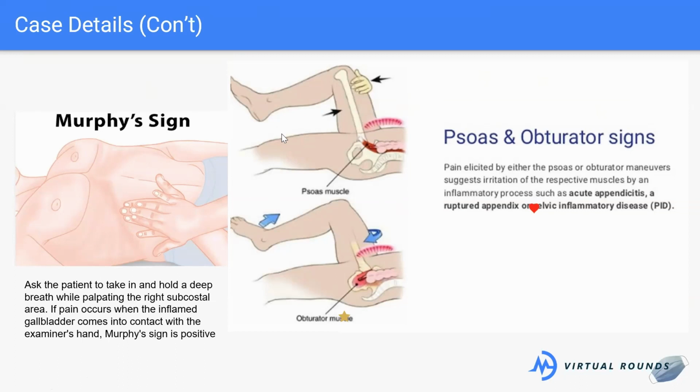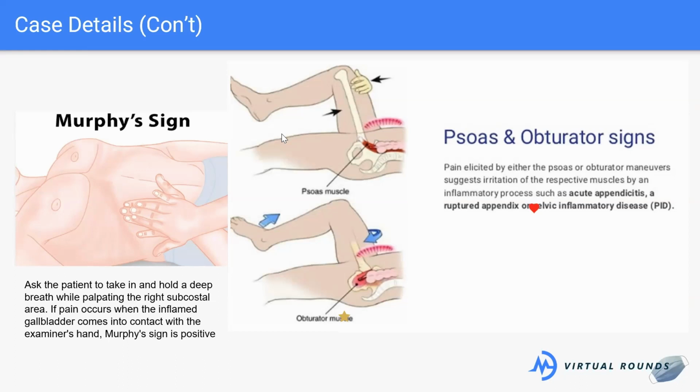Is McBurney's point different than obturator sign? Yeah, great. So McBurney's point is different than obturator sign, but it is still a test that you would like to do that can clue you into whether or not you have appendicitis. So that's a point of the right lower quadrant where the tenderness will be really maximal when you have something like appendicitis.